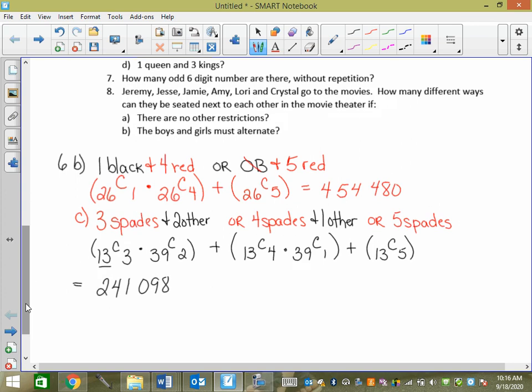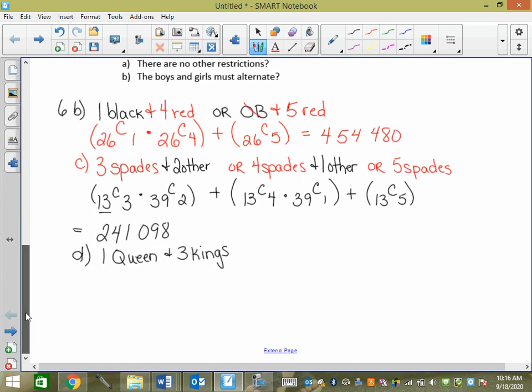And D says one queen and 3 kings. And people will figure this out, but what's my problem? I'm missing a card, I need 5. So 1 queen and 3 kings and 1 other. And the other in this case can't be a queen or a king, right?